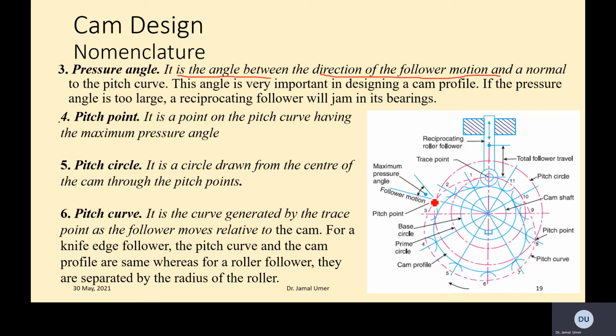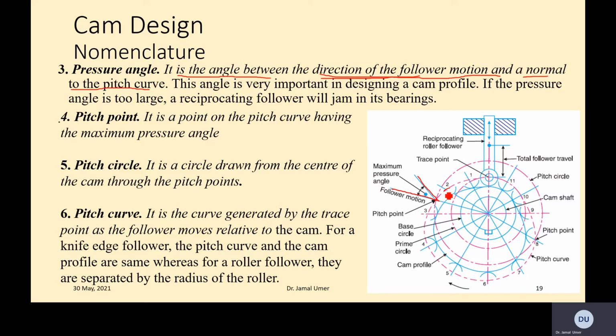So what is it basically? This is the follower motion, right? The follower is always upward. So we have the direction of the follower motion and a normal to the pitch curve, and this is the normal on the pitch curve.